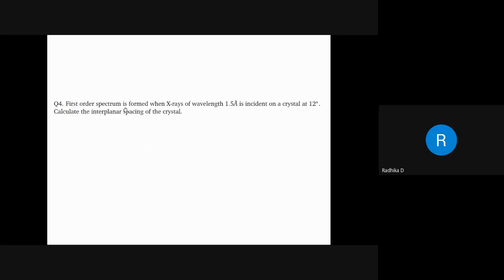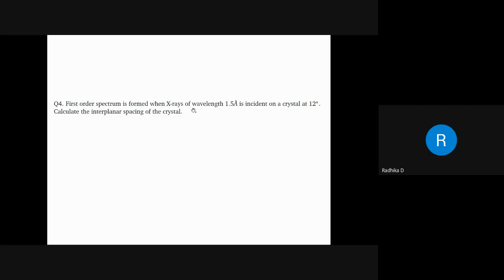Moving on to another. This is going to be very, very easy. Let's see how we understand this. A first order spectrum, I'm going to read it slowly, you can write it down. A first order spectrum is formed when X-rays of wavelength 1.5 angstrom are incident on a crystal at 12 degree.